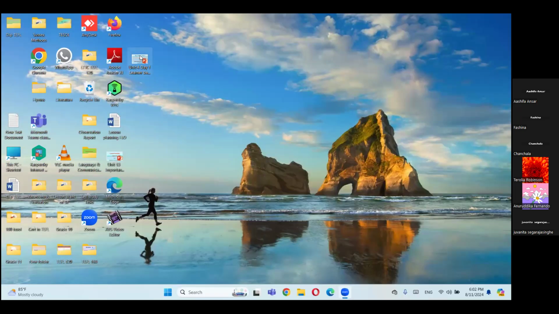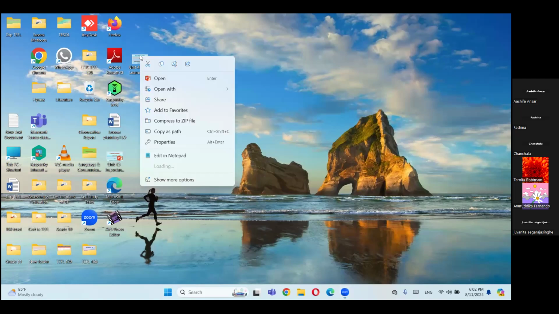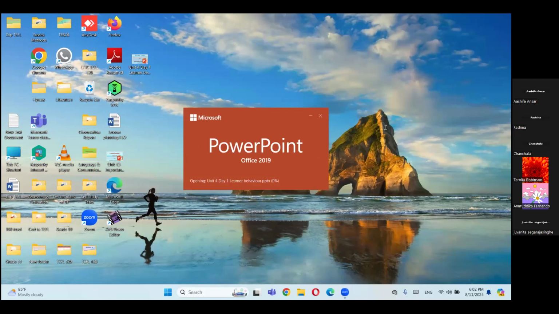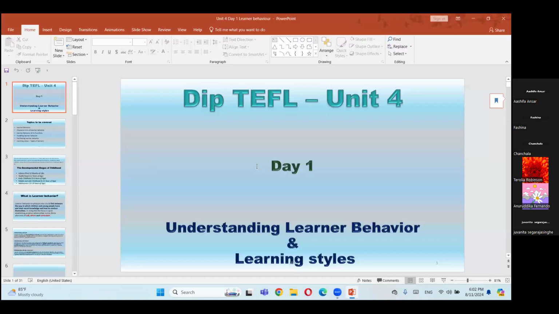So when it comes to unit 4, we will be focusing on learner behavior. The topic is learner behavior. Studying about learner behavior and issues related to learner behavior, right?